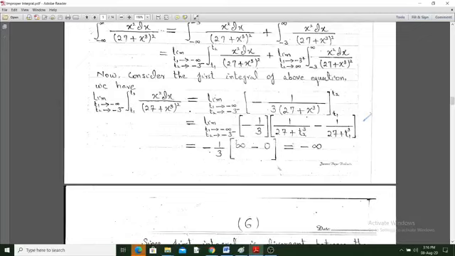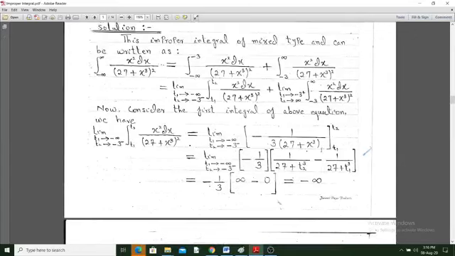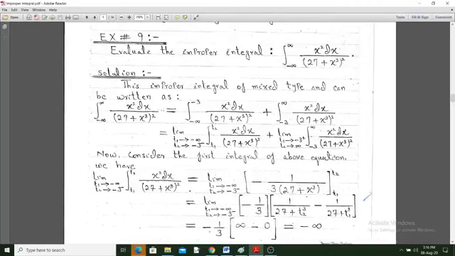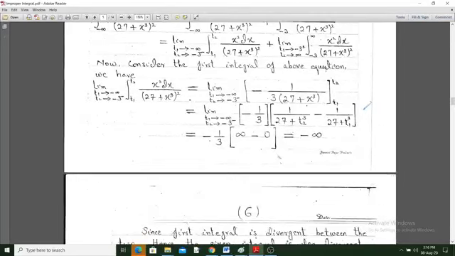But when I put t2 tends to minus 3, minus 3 cubed is minus 27, plus 27 is 0, and 1 over 0 is infinity, and infinity into minus 1 over 3 is minus infinity. So the first one is divergent, so there is no need to calculate the second integral, and this means the given integral is also divergent.